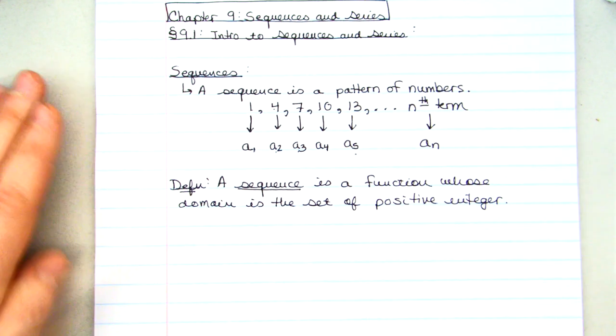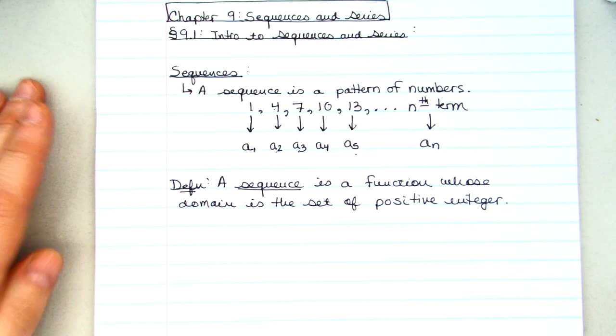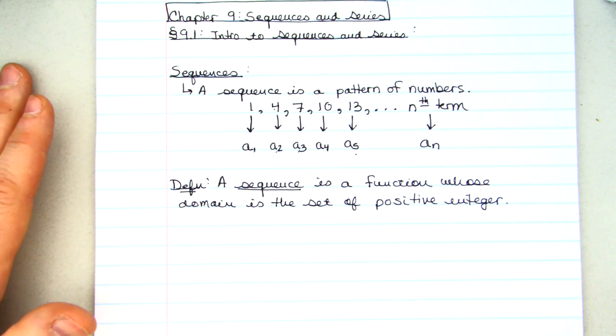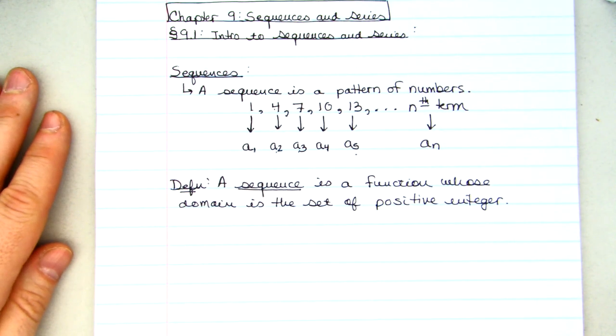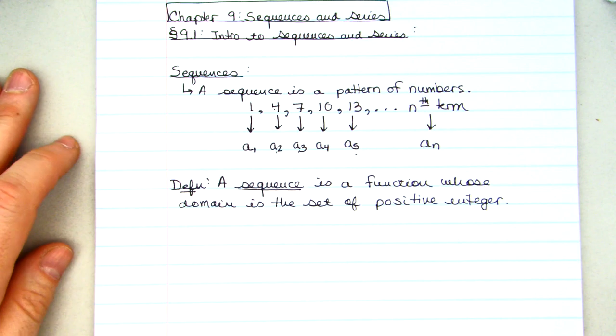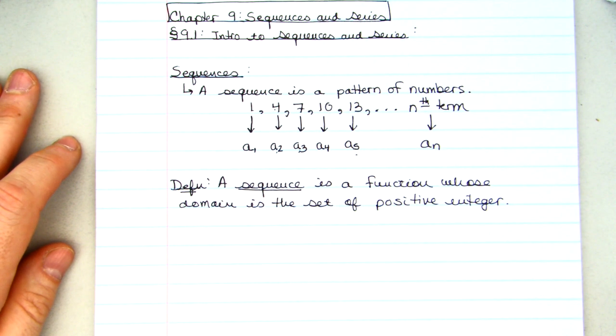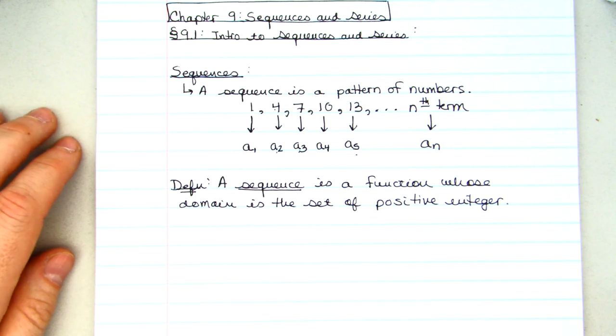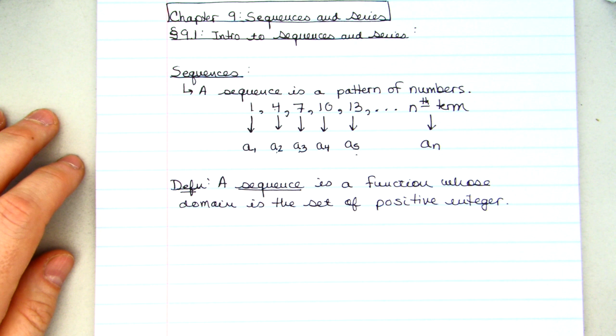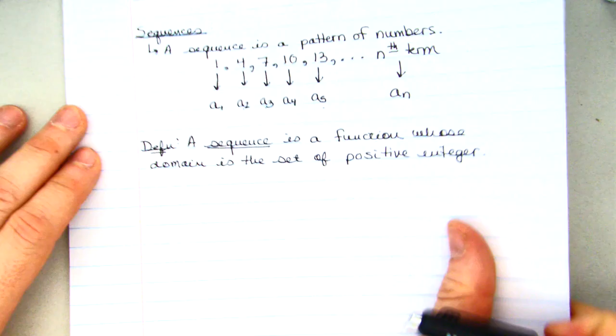I plug in a number, which will represent my term number, and I figure out, well, what is that term in the pattern? Again, with my pattern, if I plug in a 5, I get 13. Wouldn't make sense to plug in -3, 2.6, pi, any of those things. These are actually what we call discrete functions. Only discrete, specific values we can plug in.